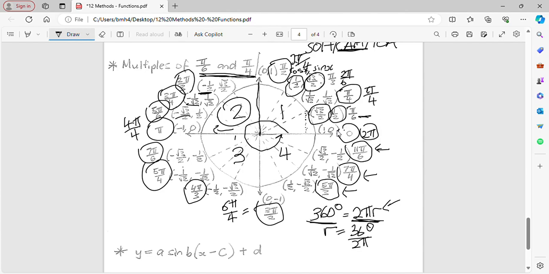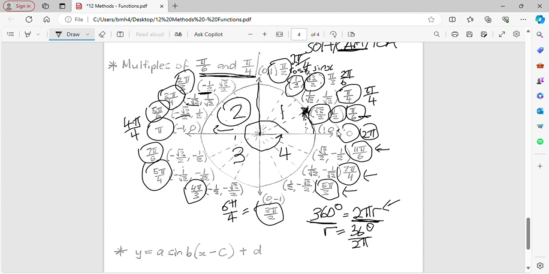So pi on 6, we'll just basically picture it as being the first one here, where if you can picture it in your mind, it's 1/3 of this first quadrant going up.